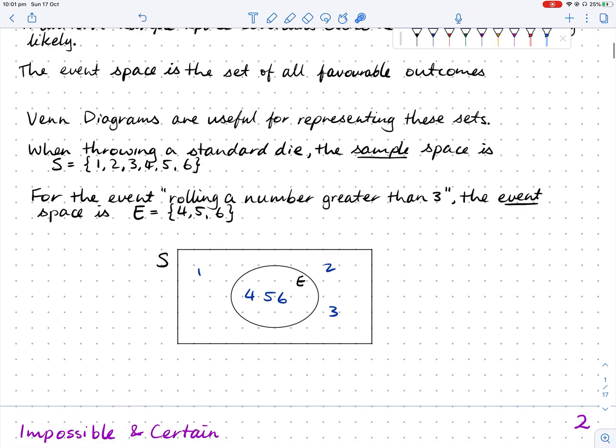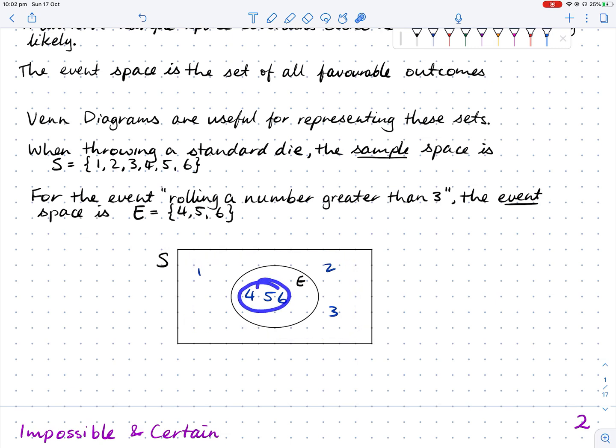So if I were to draw a Venn diagram, a very simple one, there's my environment, so everything's going to be contained in here, your sample space, and then you've got the event in the middle here. So if the event is rolling a number greater than 3, then we've got a 4, 5, or 6 inside of the event space, and then anything else remaining will be outside in the environment here.